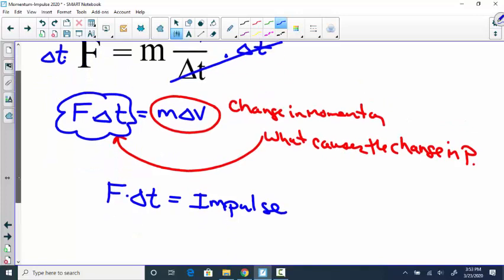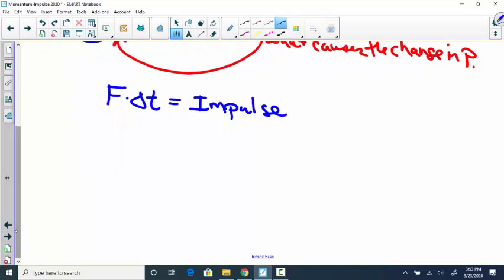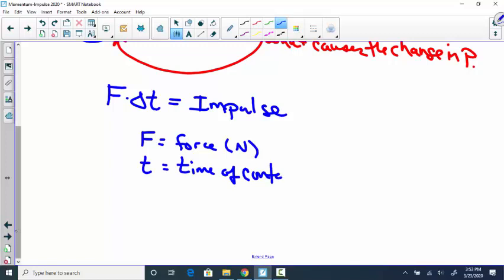Okay? And so if we look at this, force, or F, is still just our force, that is in newtons. The T, the time in this equation, is something new, and it's something that we haven't talked about. It's the time of contact of the force.